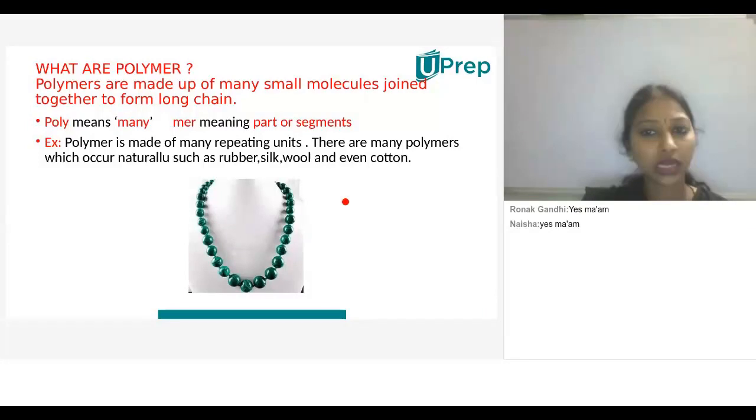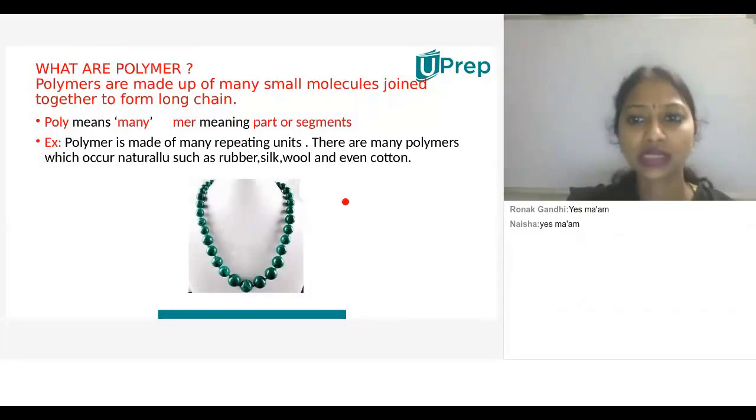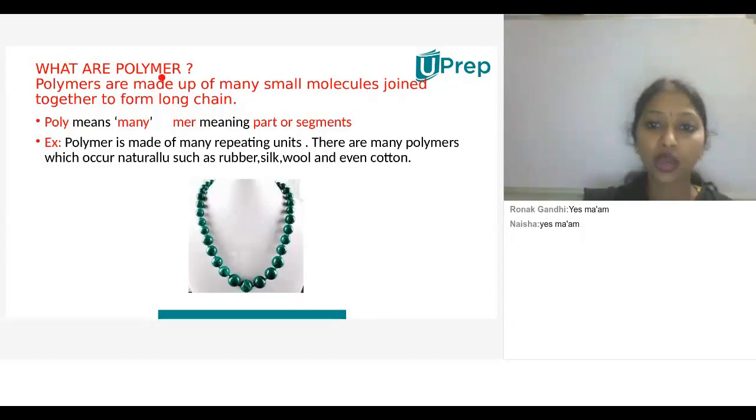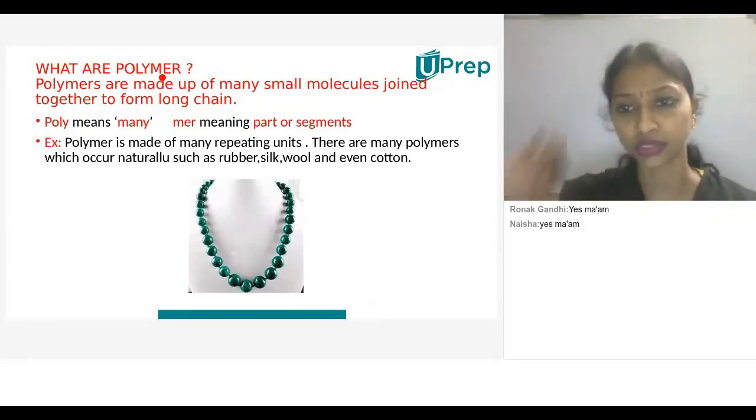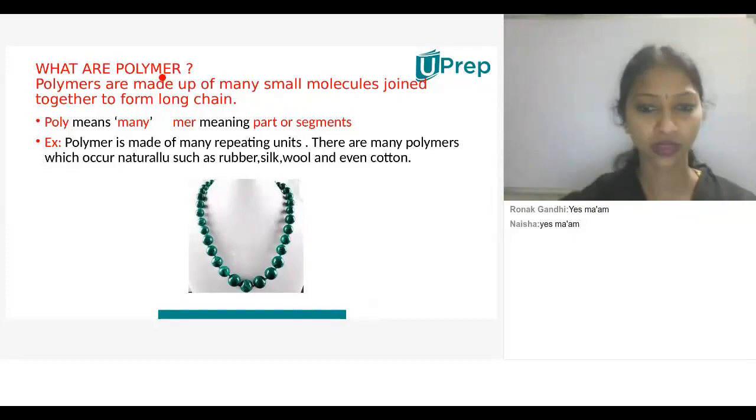Almost all synthetic fibers, natural fibers and plastics are considered polymers. That means each monomer is bonded chemically to form a long chain of polymers. Yes or no? Right?